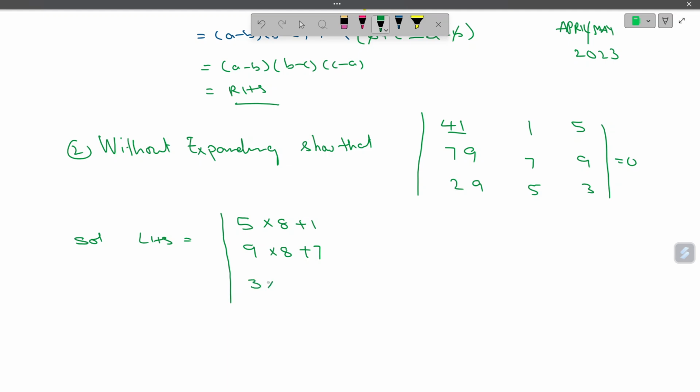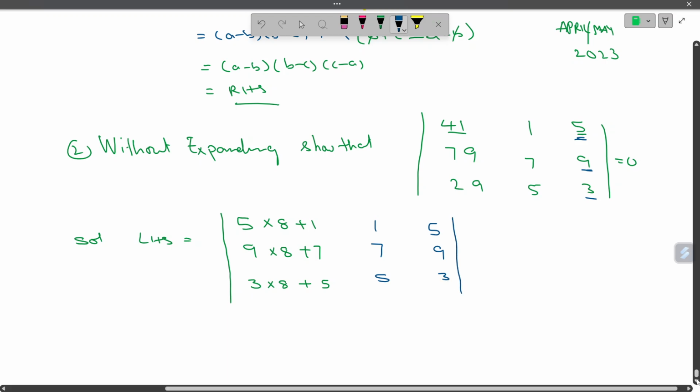Then 3 times 8, 3 eights are 24, plus 5. See here, I am arranging this in terms of 5. This was 5 times 8 plus this. This is 175, 593. This is given.